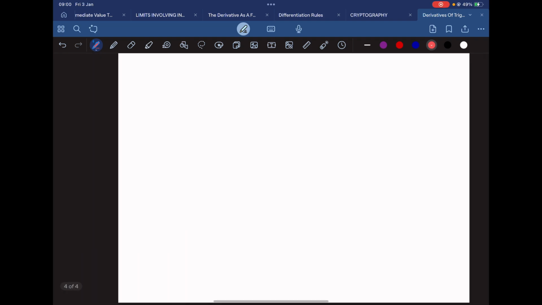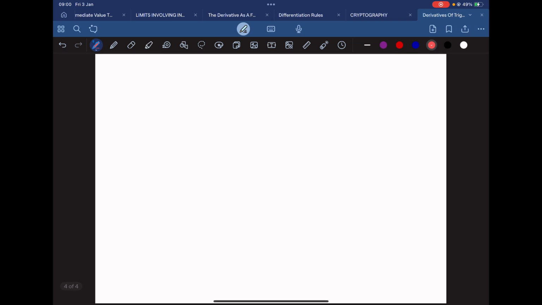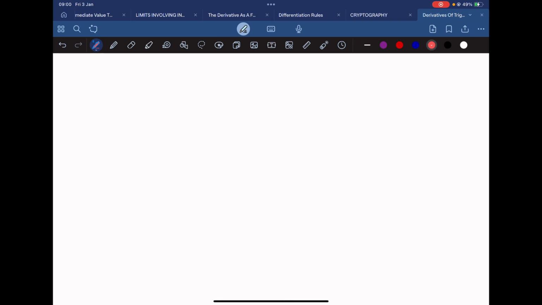Now let's look at a third question. For this, let's have y equal to 5e to the x plus cosine of x. So over here, we can have dy dx is equal to d dx of 5e to the x plus d dx of cosine of x.